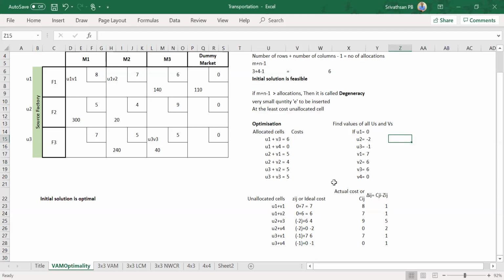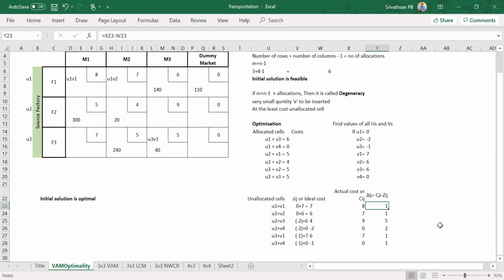The difference is that your ideal cost is less, whereas your actual cost is more by 1 rupee. So it's not worth allocating any further units into that cell.